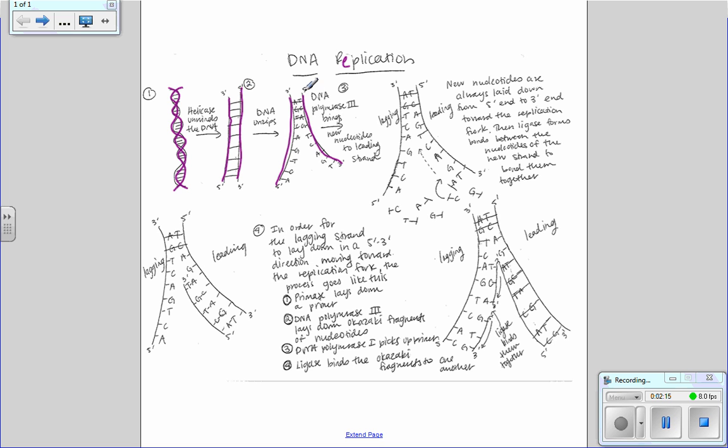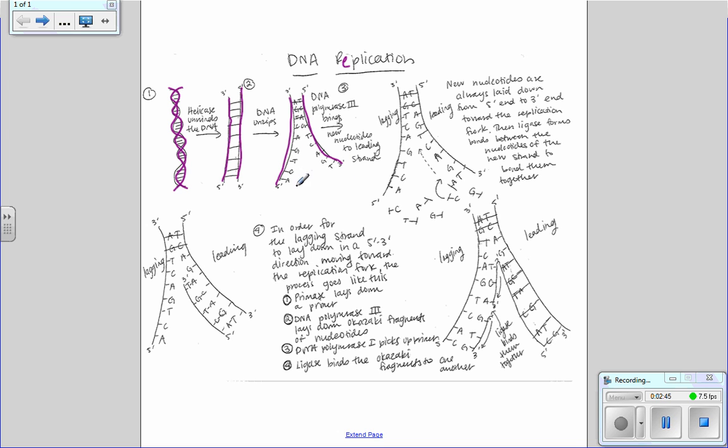Okay, so this end is called the 5' end because the phosphate is attached to the 5th carbon here, and this end is called the 3' end because the phosphate on this end is attached to the 3rd carbon of the sugar. So remember that it's just based off of which direction the sugars are facing, and that the two strands are just opposite of each other. All right, so that's where we're at now. So we unwound and unzipped the DNA, and we understand that the strands are anti-parallel.